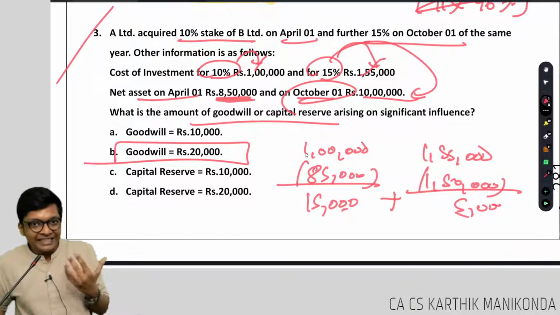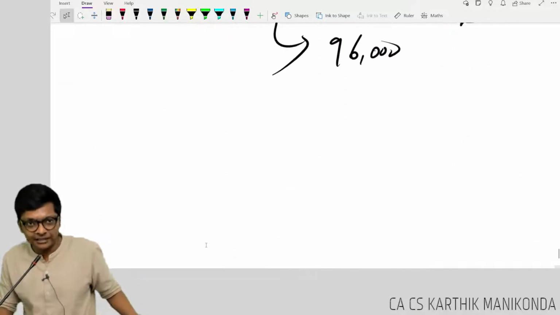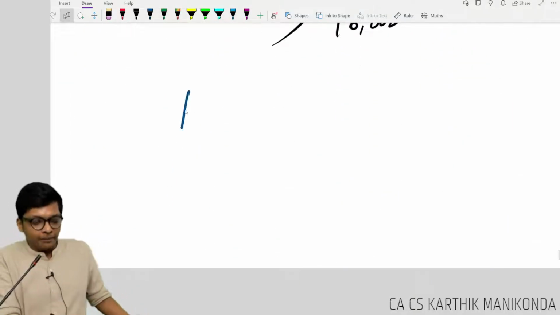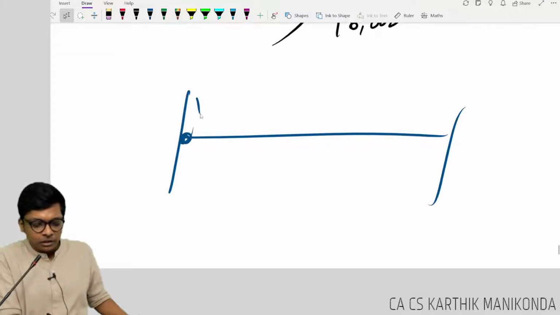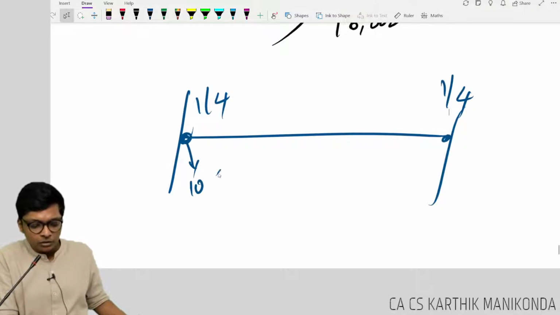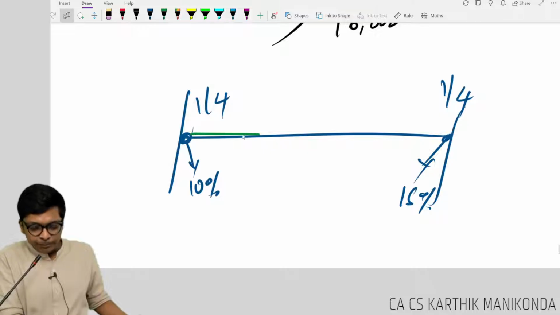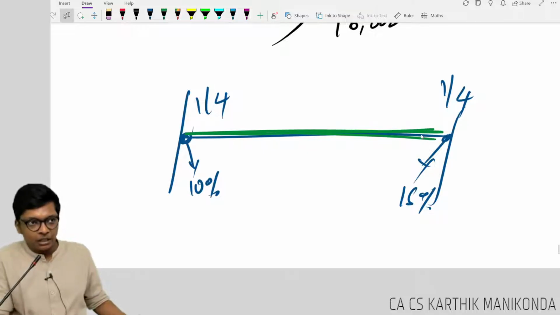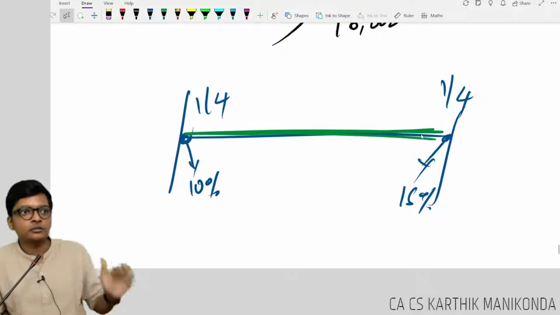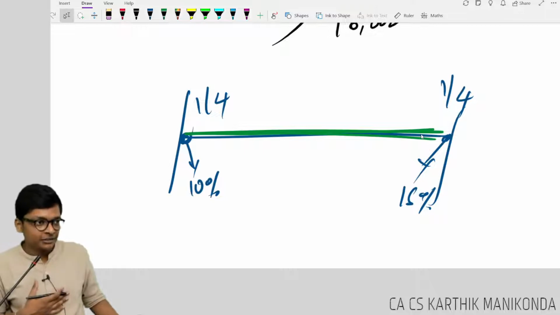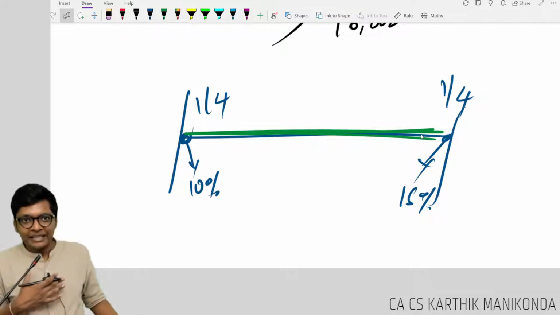But technically, we don't have sums like that, so you don't have to panic. But if it comes, with 1st April and 1st October, here I have 10%, here I have 15%. The profit I earn here is both pre and post.